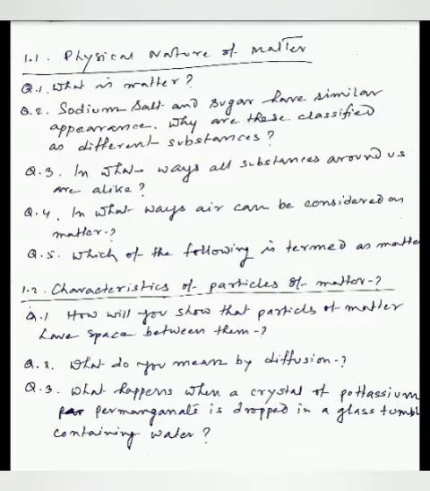The first question, what is matter? This is a possible question. Now, what will be its answer? A substance occurring in nature or coming in use in day-to-day life is called matter.